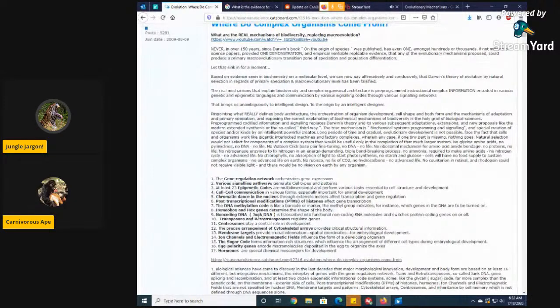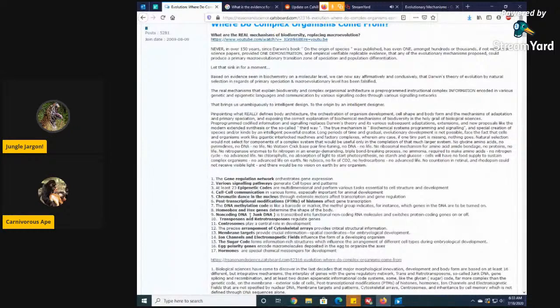Non-coding DNA, junk DNA, is transcribed into functional non-coding RNA molecules, which switch protein coding genes on or off, which is a oxymoron. I was about to say, didn't you tell me a couple of months ago that junk DNA doesn't exist? Yeah.